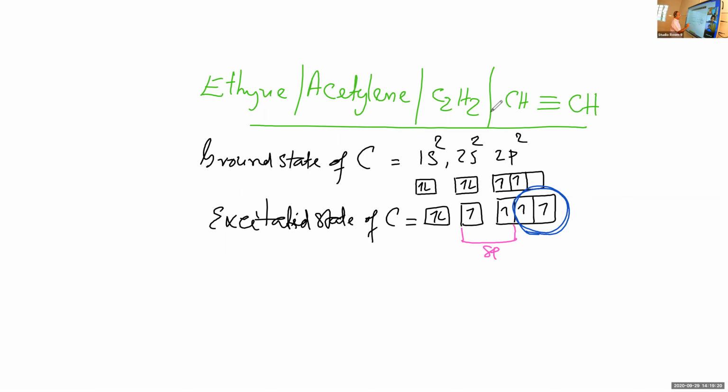Then hydrogen. Hydrogen atomic number is 1, and therefore the configuration is 1s1. Now let us see the formation of the ethyne molecule. After sp hybridization, what happens?